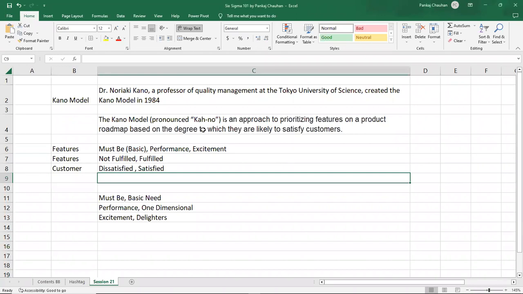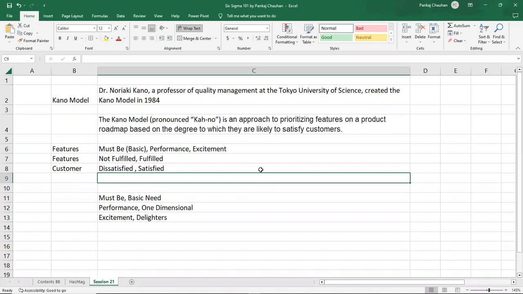Kano model, pronounced Kano, is an approach to prioritize features of a product or service roadmap based on the degree to which they are supposed to satisfy customers.